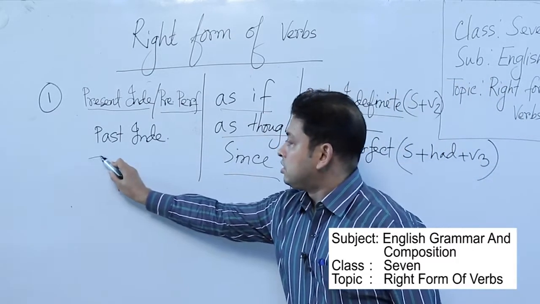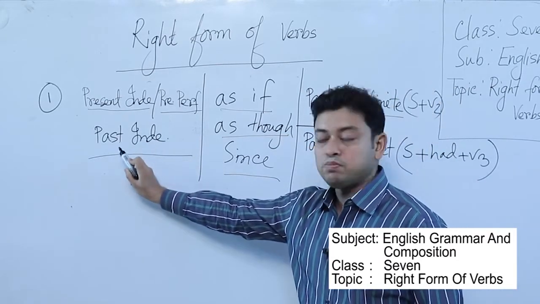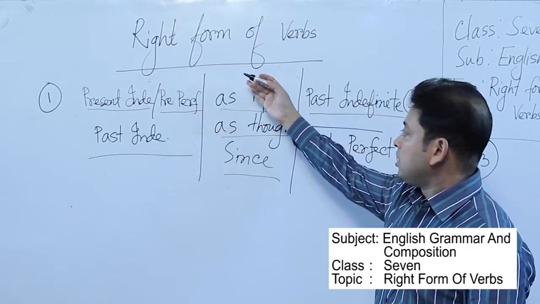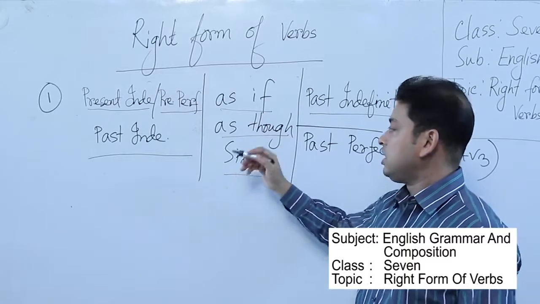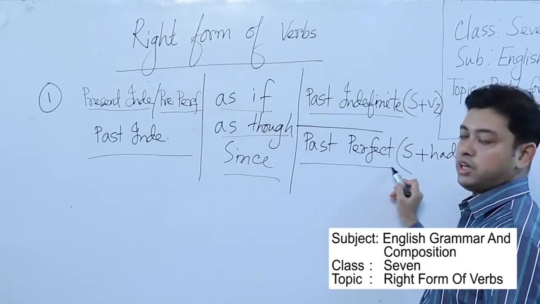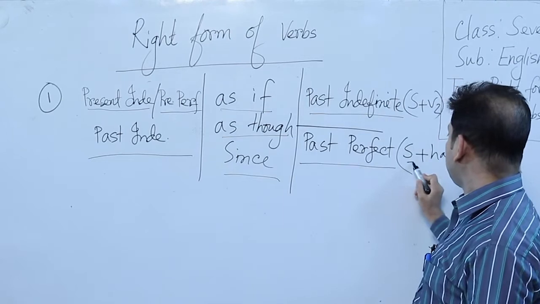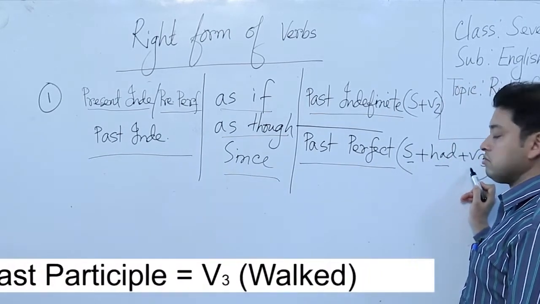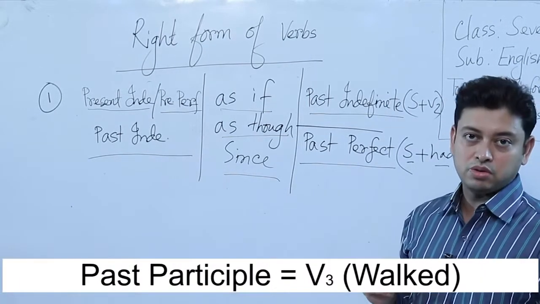If the first clause is past indefinite, and as if or as though or since is there, then it will follow past perfect tense. That means subject plus had plus V3, the past participle form.